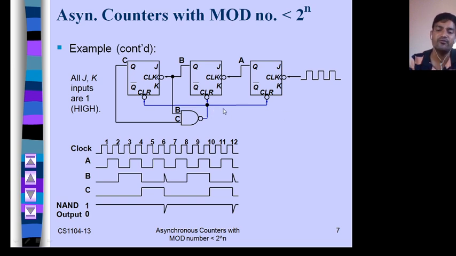It will go to the next sequence, 1 0 1. Again 1 0 gives output 1, since 1 into 0 is 0, and its complement is 1. So again clear is not working.